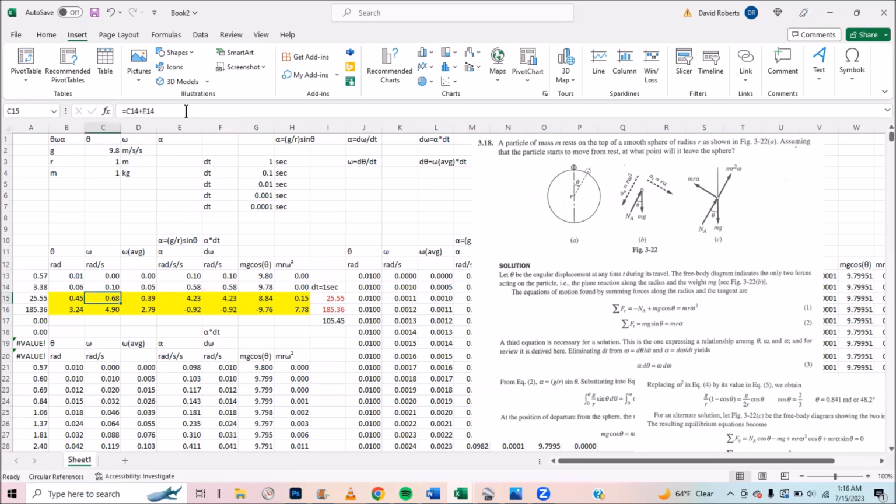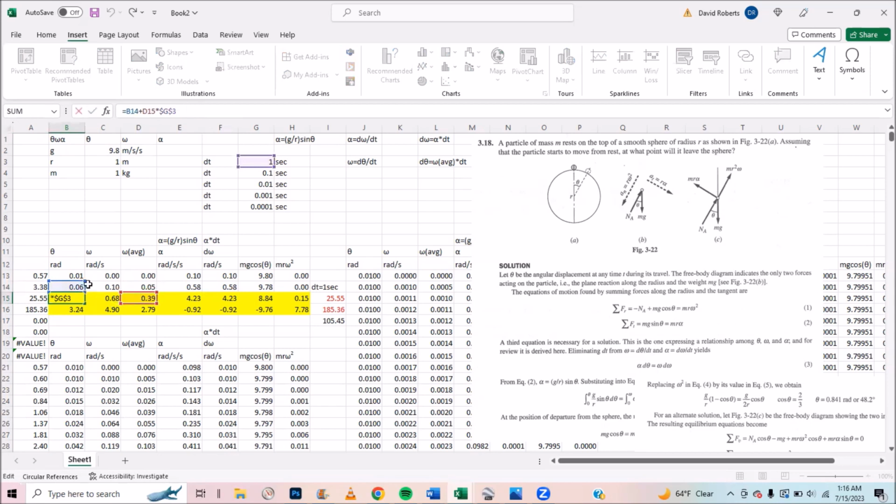So now here, look, you go from 0.1 radians per second plus 0.58, and that's how we got that number. And get your average. Well, what's the average between 0.1 and 0.68? Sounds like 0.39, and that's how you do it. Add them together, divide by 2. So super simple math, but you just got to do it. What's your new radians?